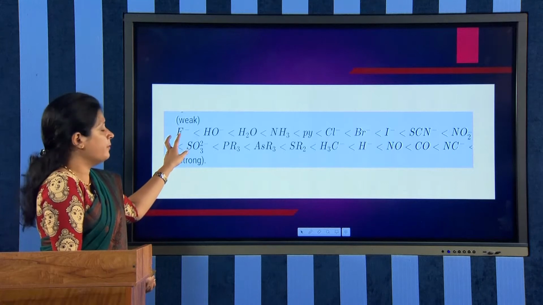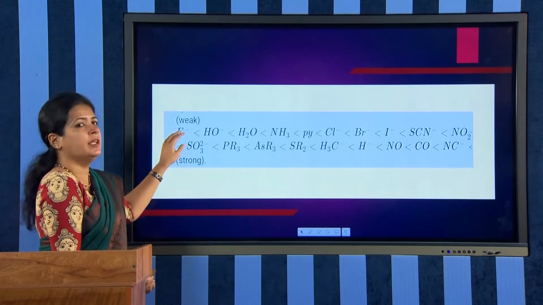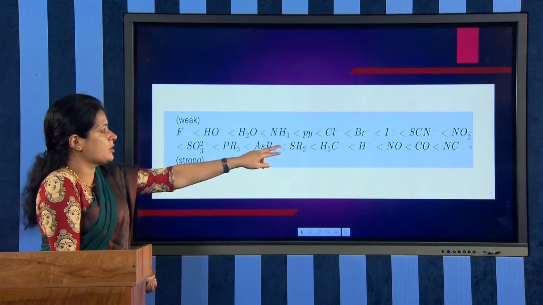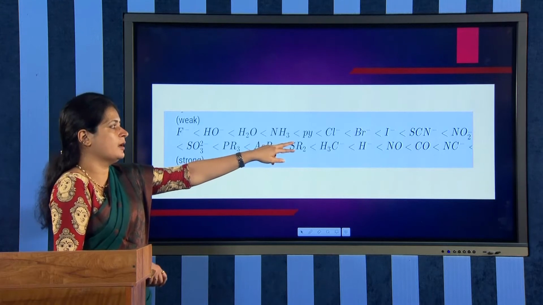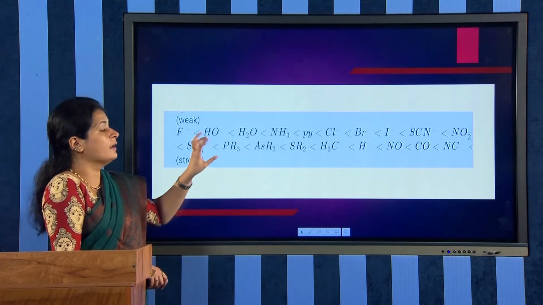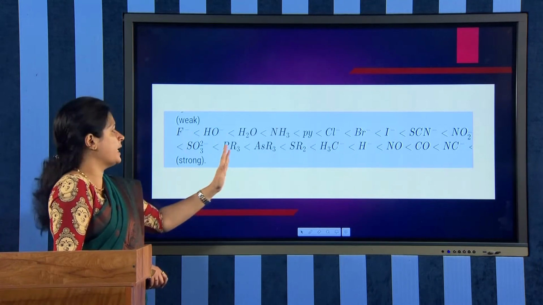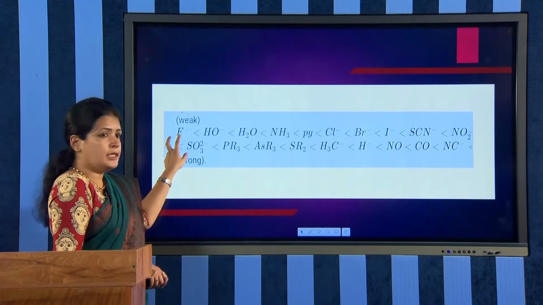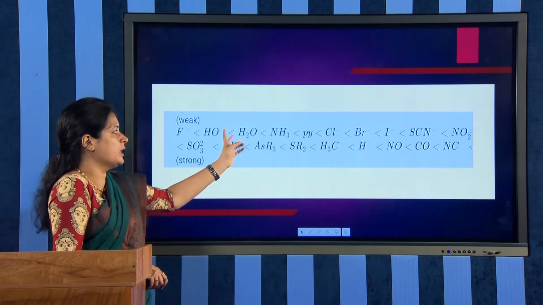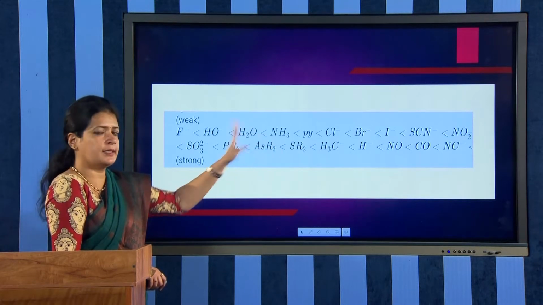F minus, the fluoride ligand, has the least trans-directing ability, and CN minus or NC minus has the greatest trans-directing ability. In between you can see several ligands arranged: the least for F minus, followed by OH minus, H2O, NH3, Py meaning pyridine, Cl minus, Br minus, I minus, and so on.